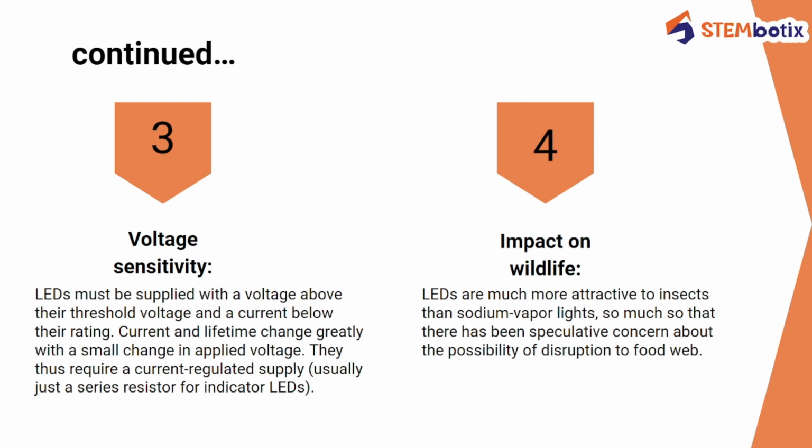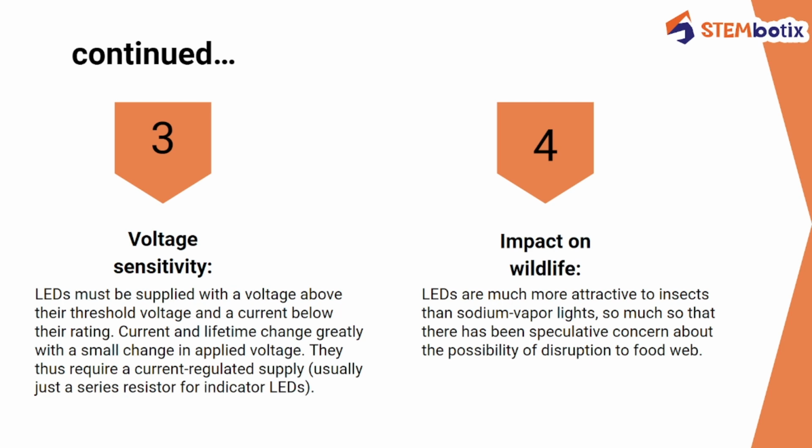Third one is voltage sensitivity. Now LEDs must be supplied with a specific voltage. They are very sensitive to voltage, meaning they should be operated at a specific voltage only. LEDs must be supplied with a voltage above their threshold voltage and a current below their rating.